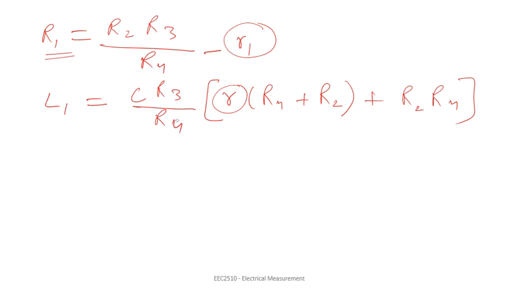But at the same time, there is a disadvantage of this circuit: it is slightly more complex than Maxwell's bridge, and the balance equations are also slightly more complex. Okay, but still it is the preferred method of measuring the inductance of coils with low Q factor.